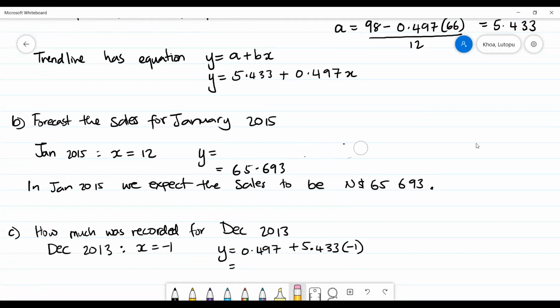Anyway, here we'd work it out. Let's fix that. So Y is equal to 5.433 plus 0.497 times 12.